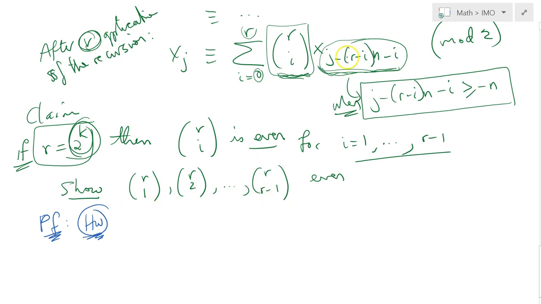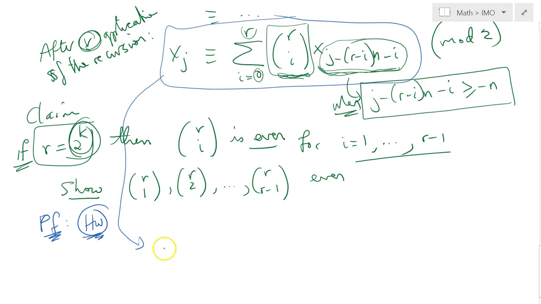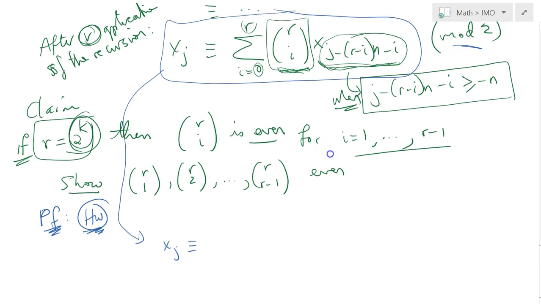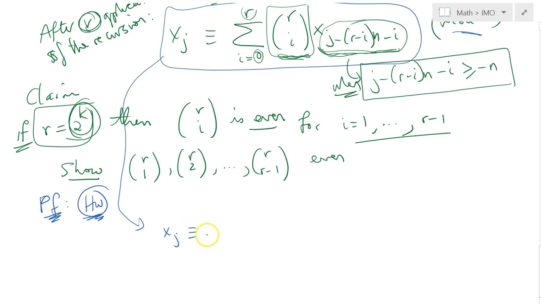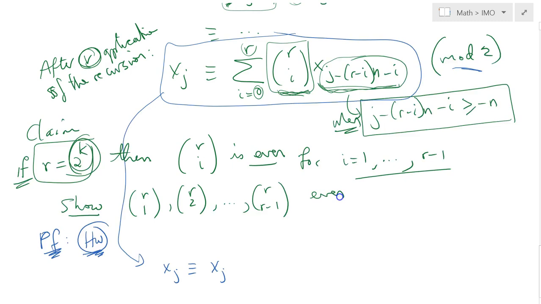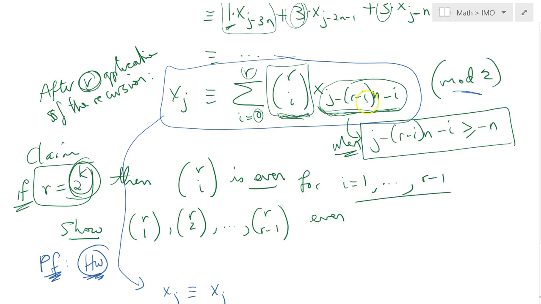So all these will come out as even, but if that's the case, then we can rewrite this as follows. x sub j is congruent to only the remaining terms, because even ones in mod 2 will be all 0, the first and the last term. The first term, if you plug in i equals 0, becomes x sub j minus rn. Sorry, wait a second.